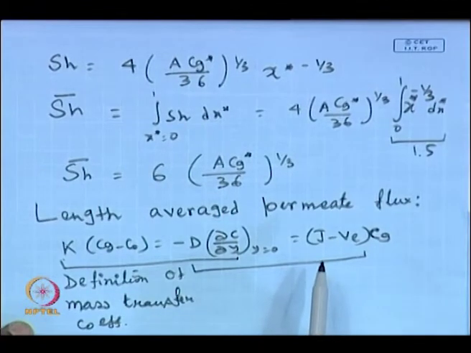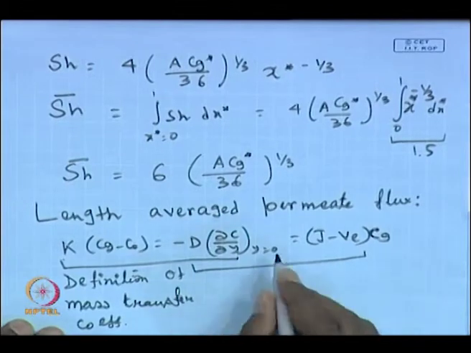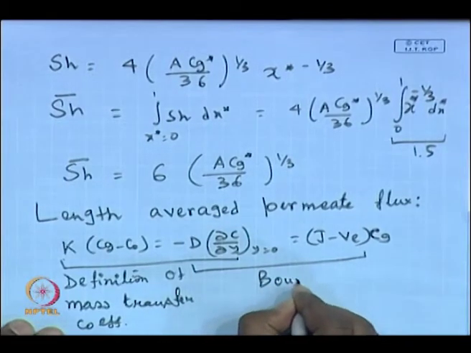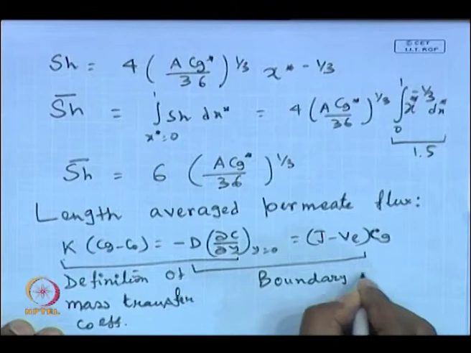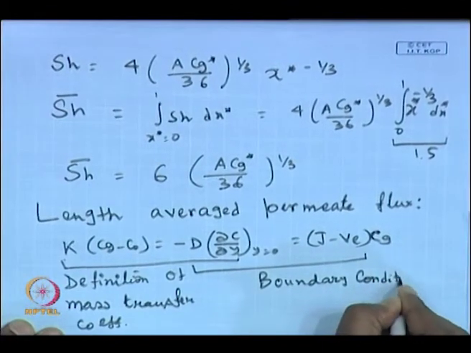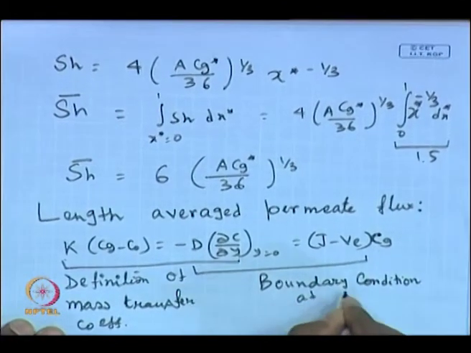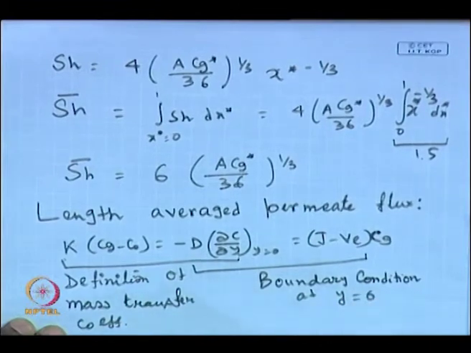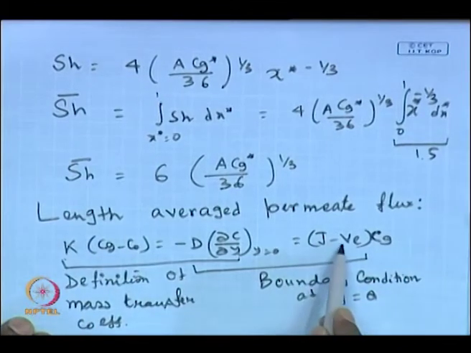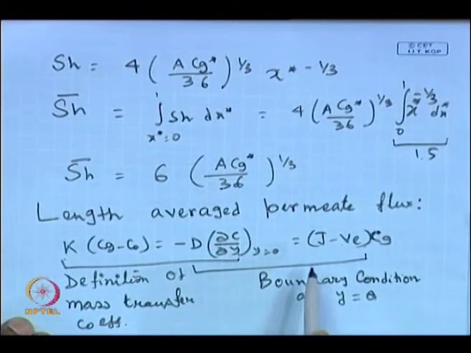That was the boundary condition at y equal to 0, right. So, if you equate k times (Cg minus C naught) to J minus V times Cg, then we will get an estimation of the permeate flux.